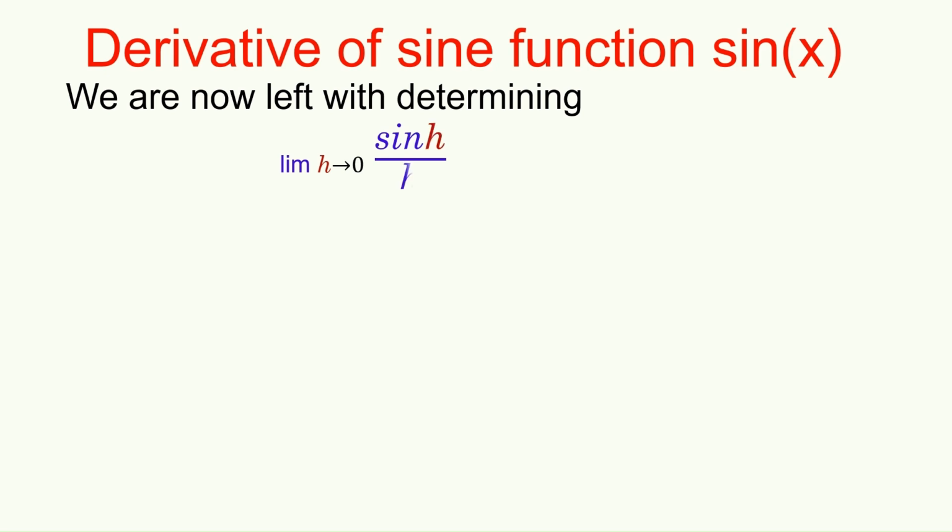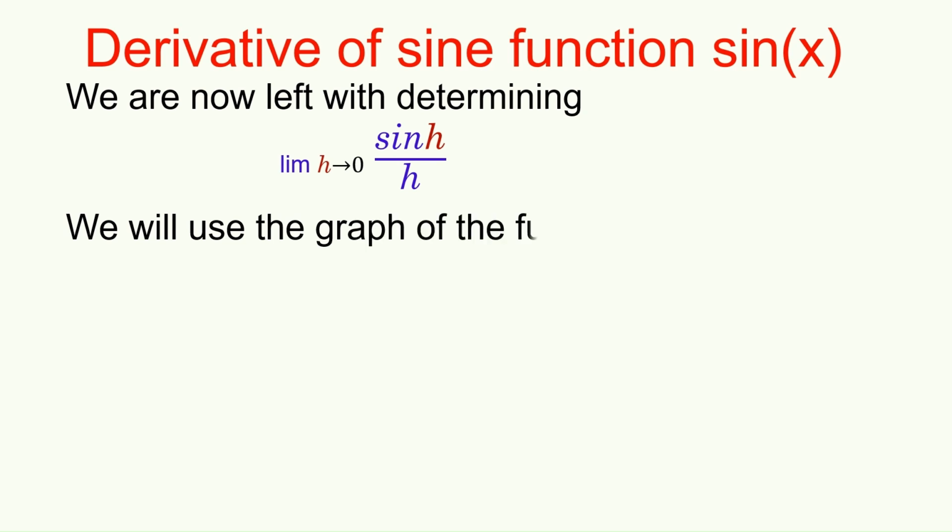We are now left with determining the limit as h tends to 0 of sine of h divided by h. We will use the graph of the function y equals sine of x divided by x.